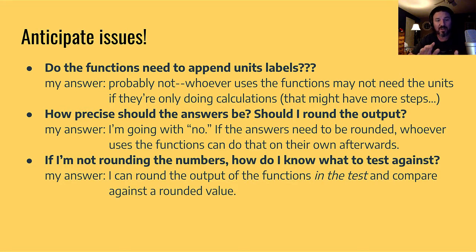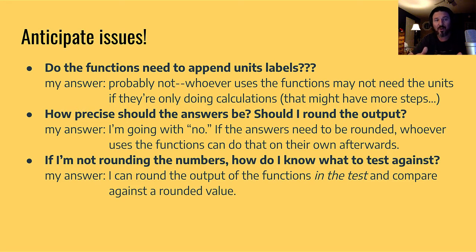And so the last question, caused by that second question, was: if I'm not rounding the numbers, how do I know what to test against, right? If I create one of these functions and it gives me an answer with 12 decimal places, and in my test I'm only testing against 8 decimal places, my test results and the expected results might not line up.